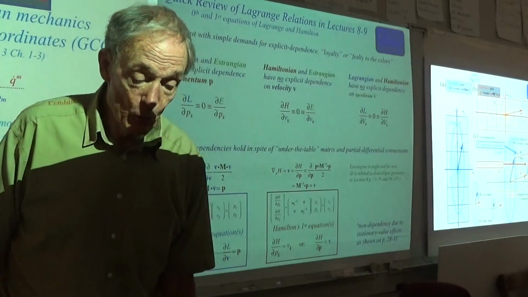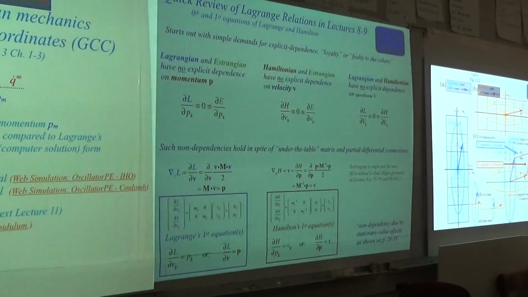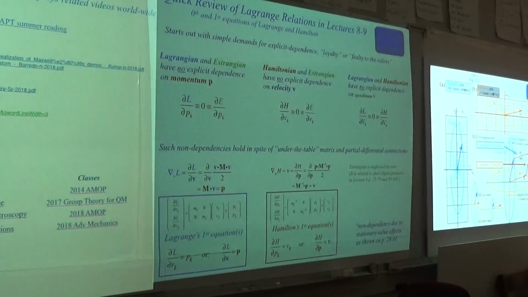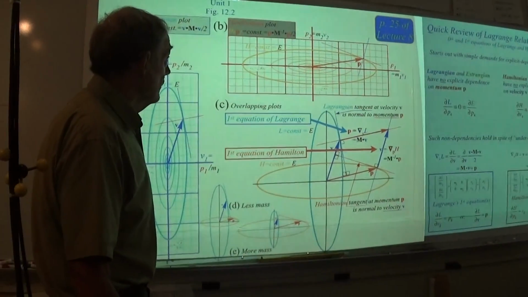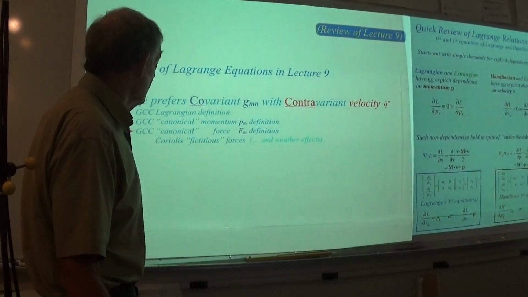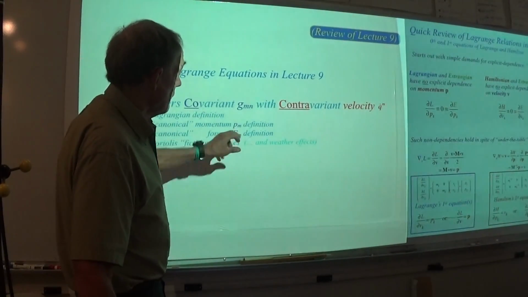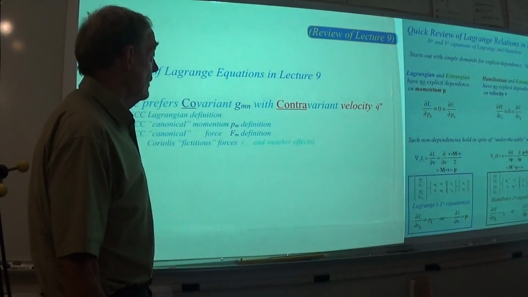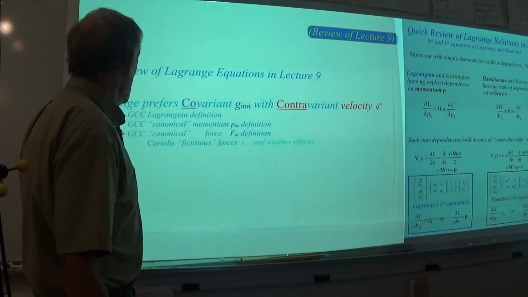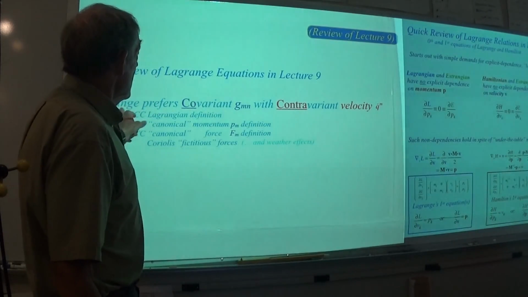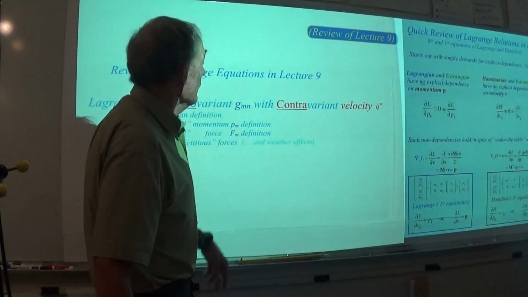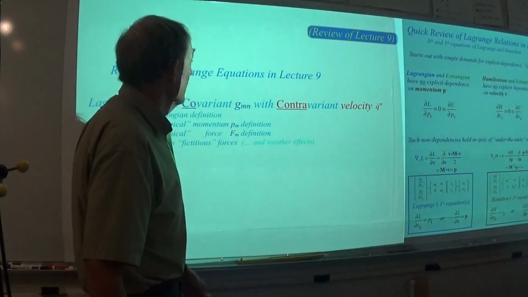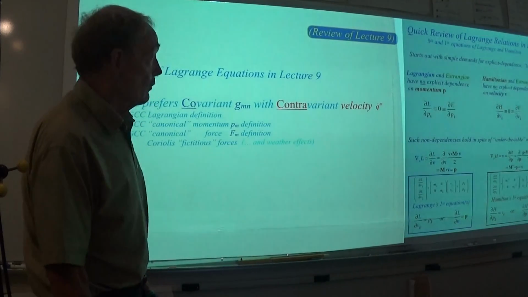So we're going to be doing a more algebraic approach to all of this, but remember, geometry underlies that, so it's worth keeping that in mind. The force definition and the momentum definition, those are covariant quantities, indexed down. The covariant G that goes with contravariant velocity, that's Lagrange's. That would be Lagrange's way of doing things.